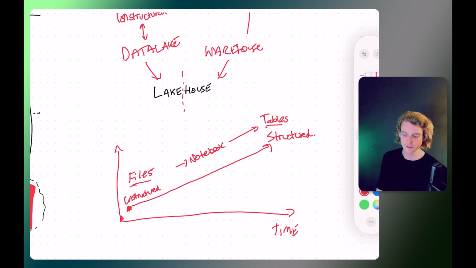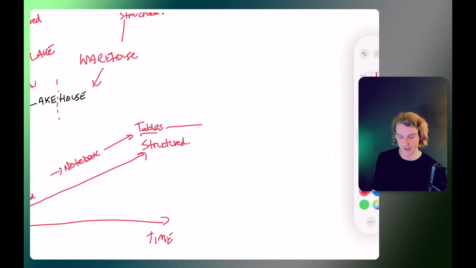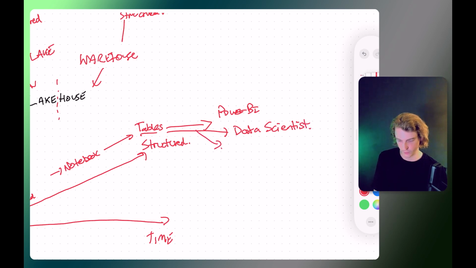And then write that into tables. And the tables can then be used by Power BI, but also data science, and whoever else you want in your organization. Absolutely lovely.